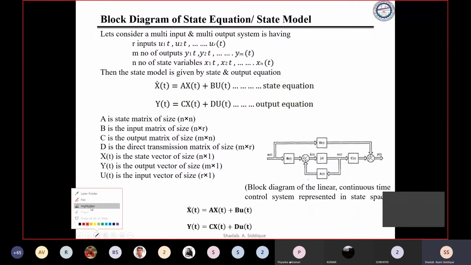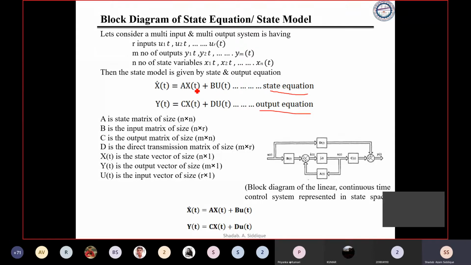This is the block diagram for the state equation or state model, and using that block diagram we have written the state equation and the output equation. This is widely used in problems. We have seen that A is called the state matrix of size n cross n, and B is called the input matrix, which is associated with the input, and A is associated with the state vector.